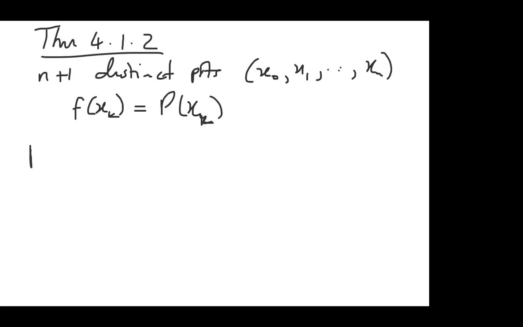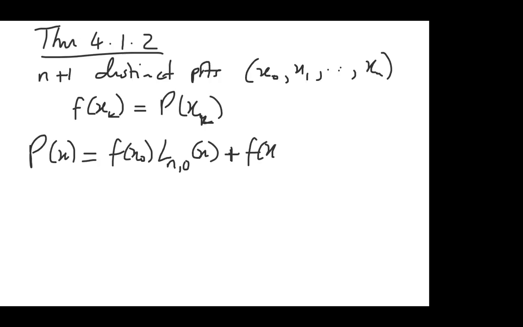And then in that case, I will have p(x), which will be given as follows: f of x0 times L_n0(x). You can find the value of L_n0(x), then you substitute it there. Then the next value will be f of x1 times L_n1(x).